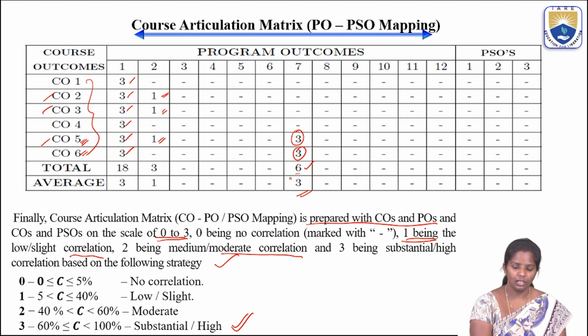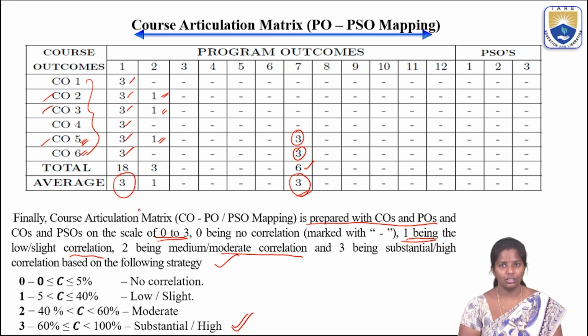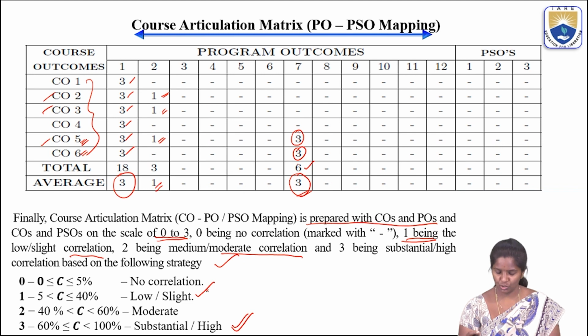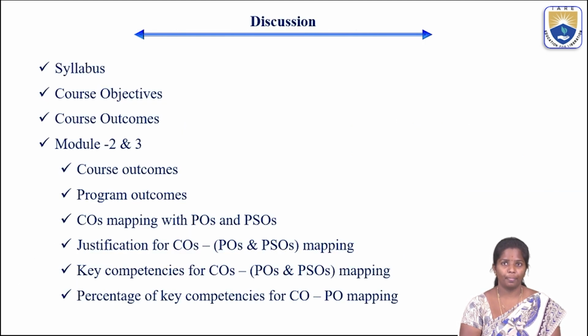So it is 3 that is coming out as an average. This has high importance, whereas 1 is slightly important in problem solving. That is how the course articulation matrix is designed and the important outcomes are decided, so that the learner will understand how the planning will be better for further study.